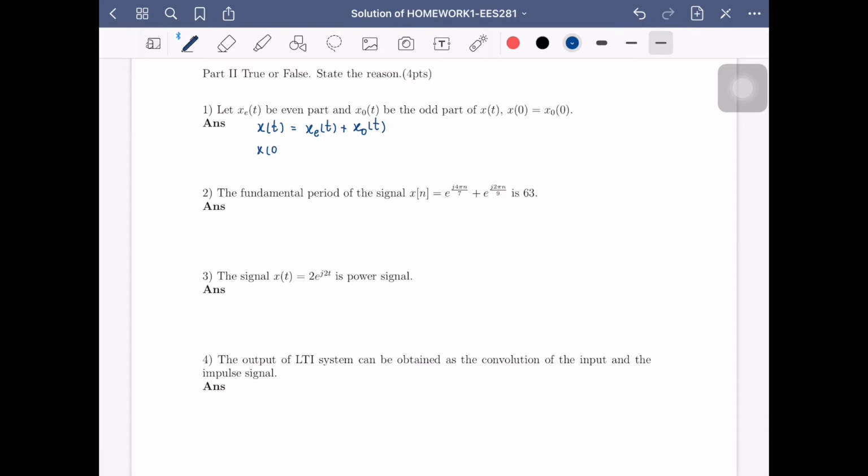We get x(0) equals x_e(0) plus x_o(0), and we know that x_o(0), the odd part at 0, is 0, so we get x(0) equal to x_e(0), which means false.